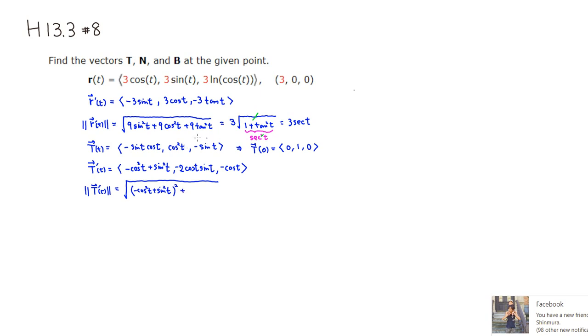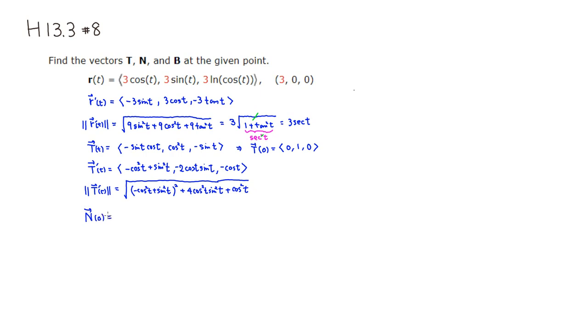And the y component, this one's easy enough, so 4 cosine squared of t sine squared of t. And then you have a cosine squared of t. So we can find the normal vector, but we're going to evaluate it at 0.